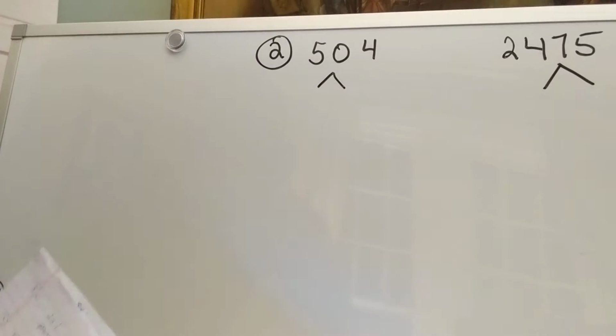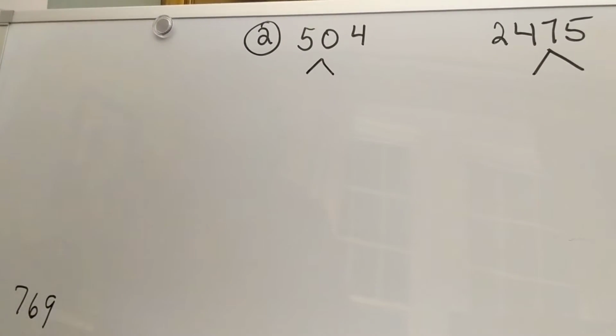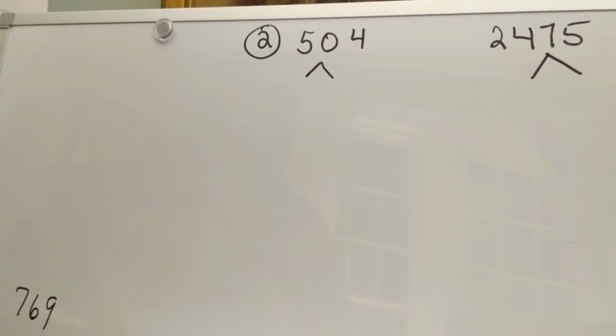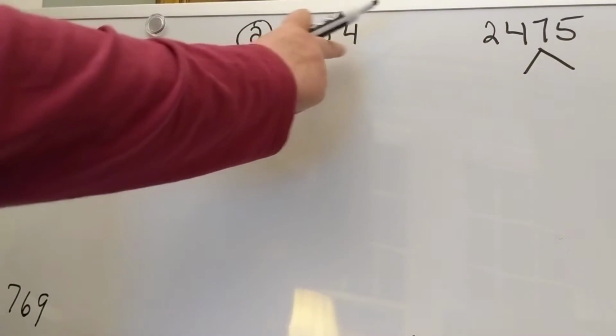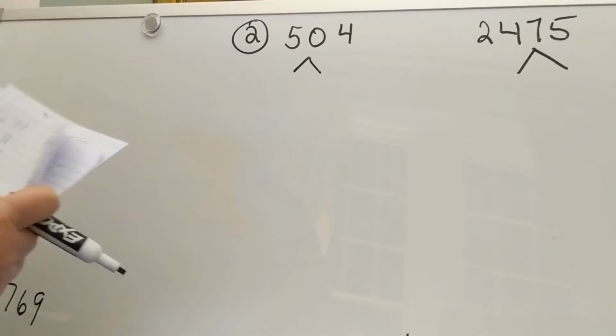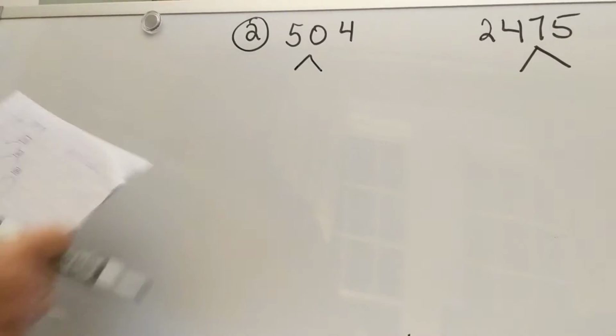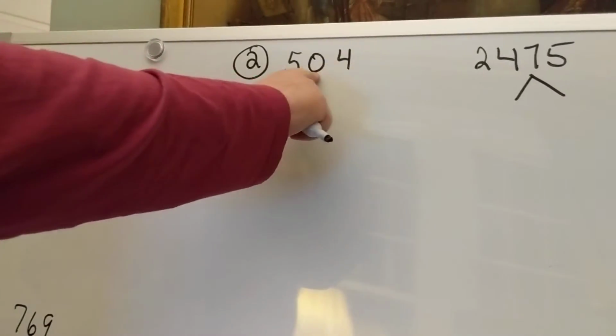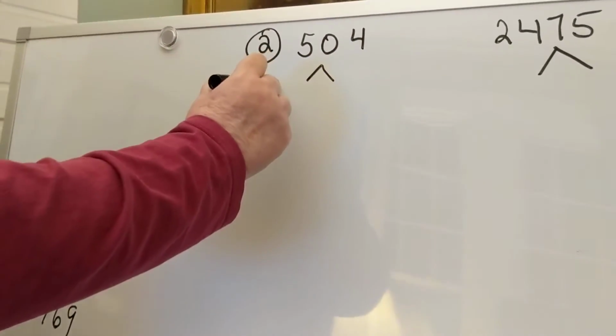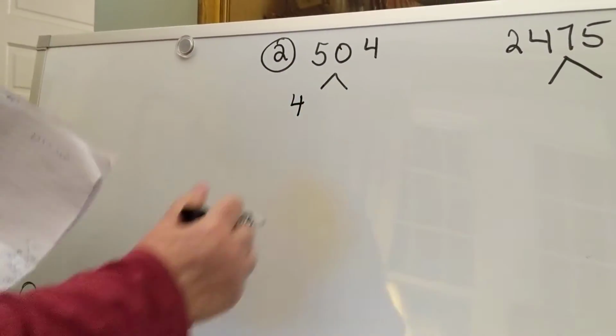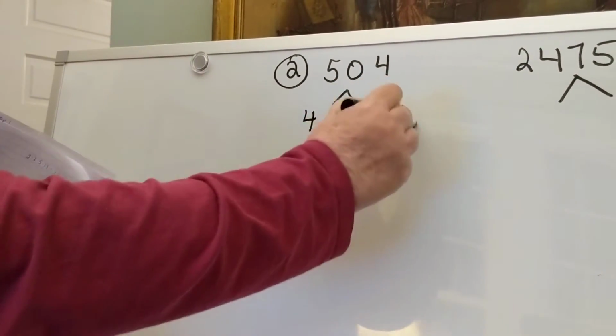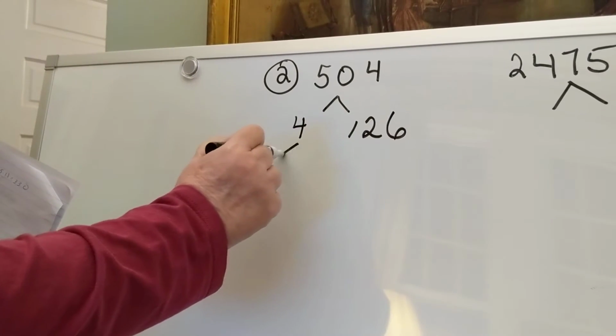I had these all written out, but that's okay. If we can think of two factors, we can see that it could be 2 times 252. I can see that 4, since the last two digits are divisible by 4, I think that's what I'm going to use, just to be different. 4 times 126. Now, neither of these are prime numbers, so I'm going to keep going.